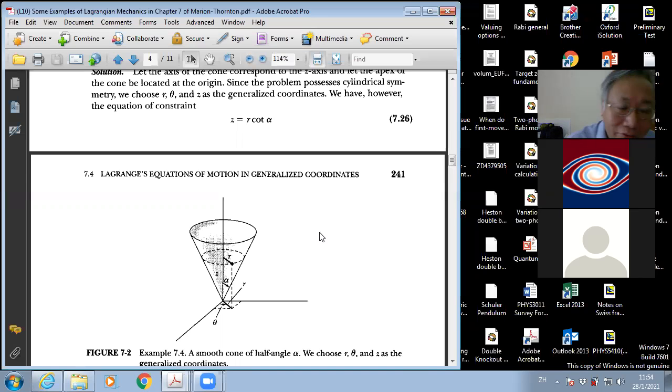And we can easily see that this will give you a mess if we choose spherical coordinates. So we can see that it will be more convenient to choose cylindrical coordinates as the generalized coordinates. So we have r, theta, and z.